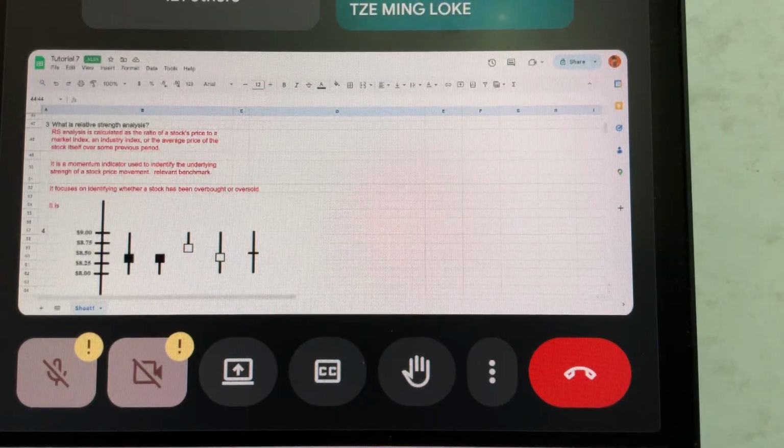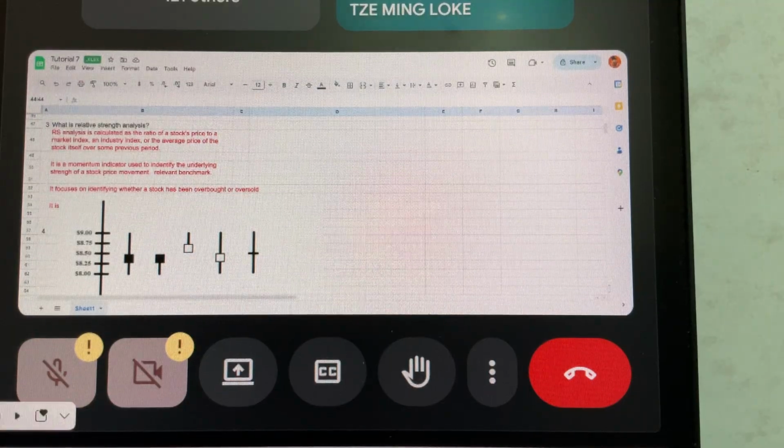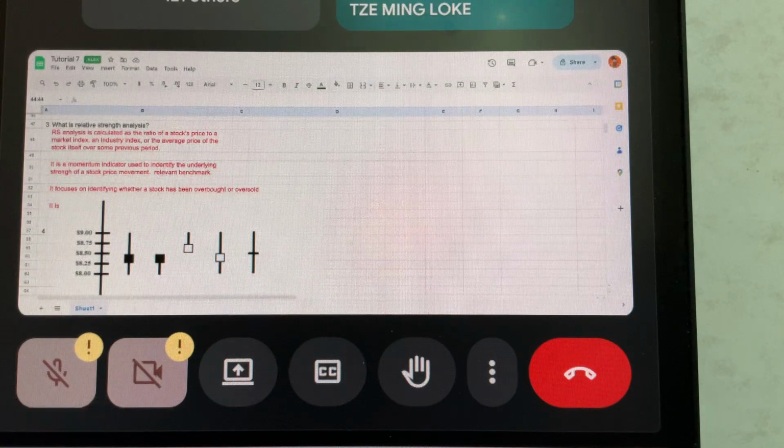So you say, okay. Now the question is, do we know whether it's slowing down or not? We don't know. So for example, let's say you look at the chart today. It's here.